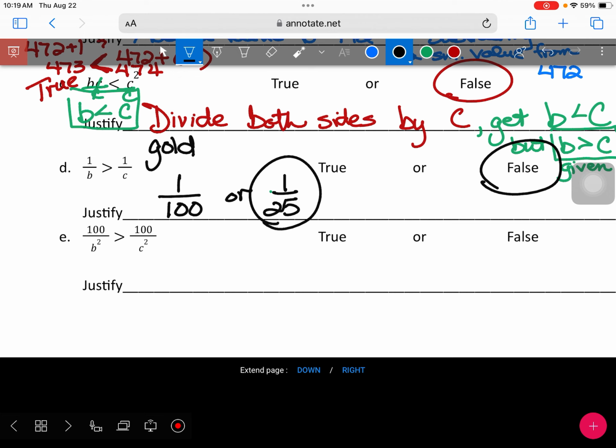This is going to be the larger number, okay? So 1 over a larger number results in a smaller fraction. And 1 over a smaller number gives you a larger fraction.